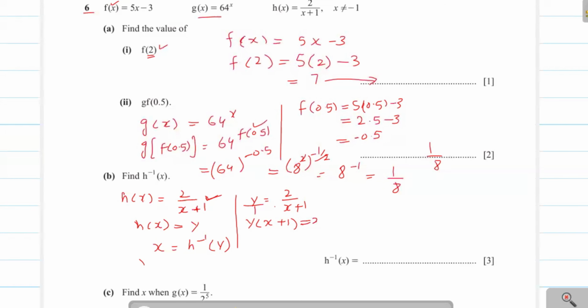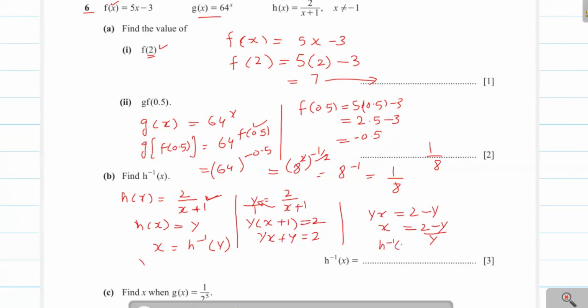We cross multiply this. Therefore, yx plus y equal to 2, and then yx equal to 2 minus y, and x will be equal to 2 minus y over y, and x here is h inverse of y.